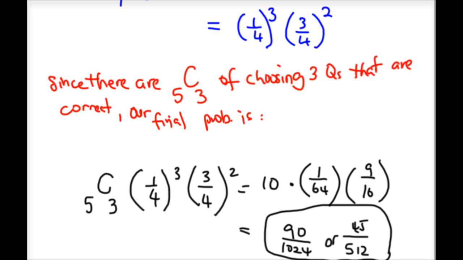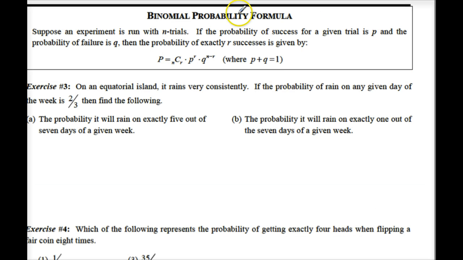Now, I know it's a lot. That's why I was nice enough to tell you the binomial probability formula, which looks like this. If we have an experiment that runs with n trials, the probability of success is given by P, and the probability of failure is Q. So P is equal to the combination of something.